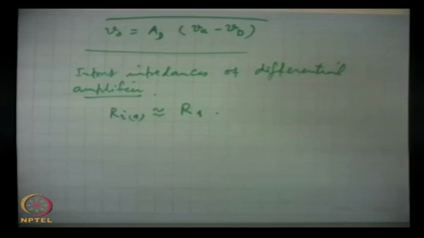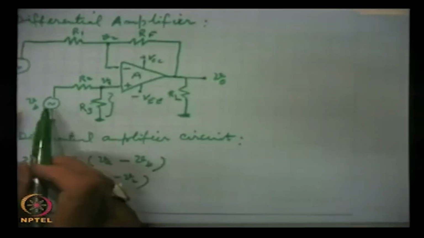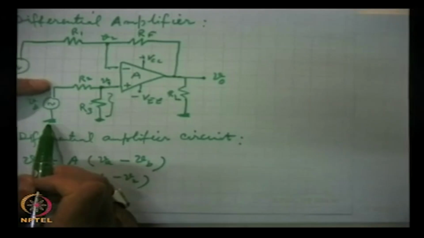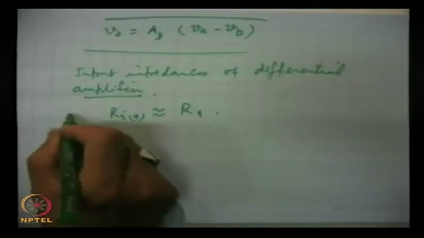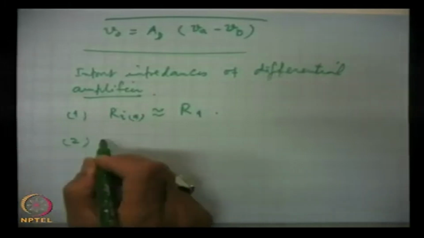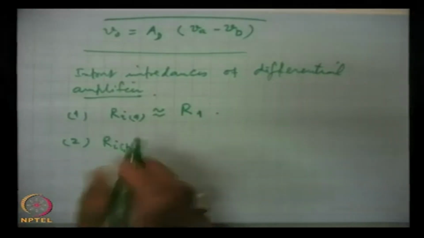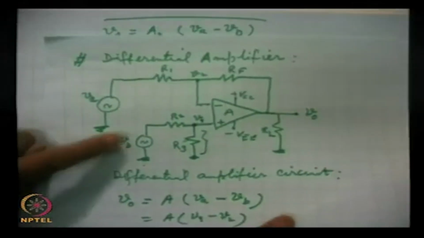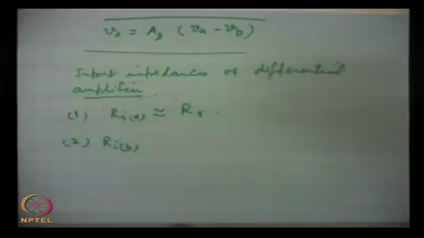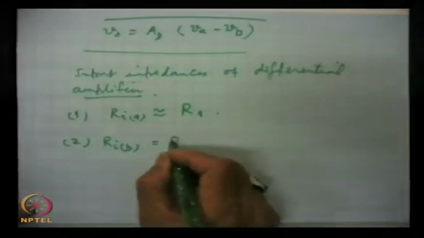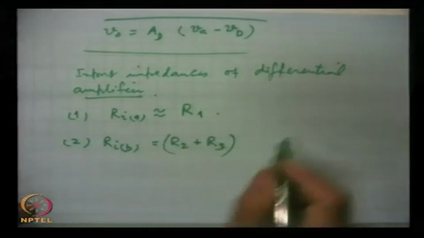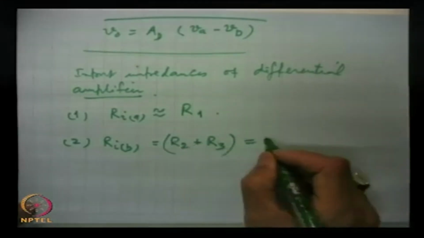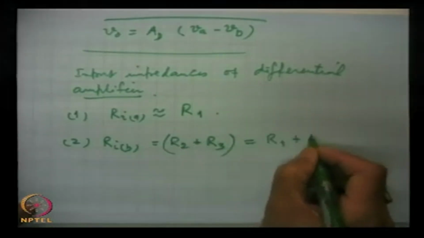And for the non-inverting amplifier, what is the impedance seen between this and ground? These two in series. So this is RIB, because of this VB, what the VB source will see as the impedance will be R2 plus R3, and because we have taken R1 equal to R2, this is R1 plus RF.